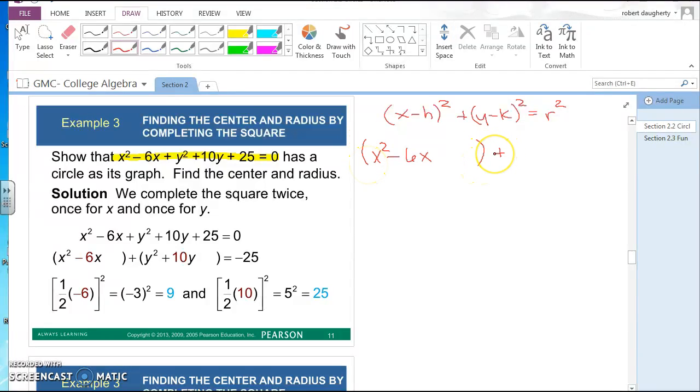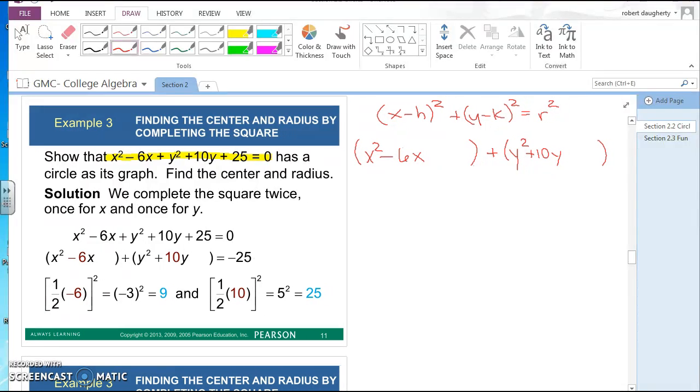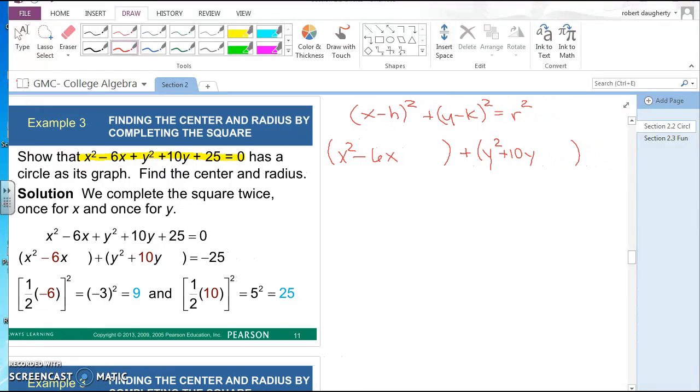And then plus y squared plus 10y, leaving a little bit of space there, and then plus 25 equals 0. First thing I'm going to do is move this 25 to the other side.